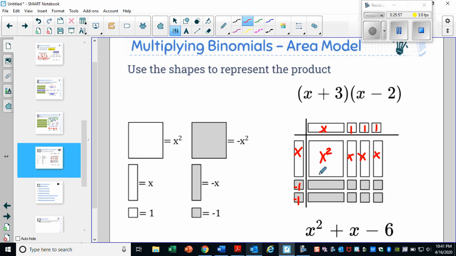Now here, x times negative 1, negative x. X times another negative 1, another negative x. You have 2 negative x's. And so then last but not least, you have all these little boxes are negative 1s.